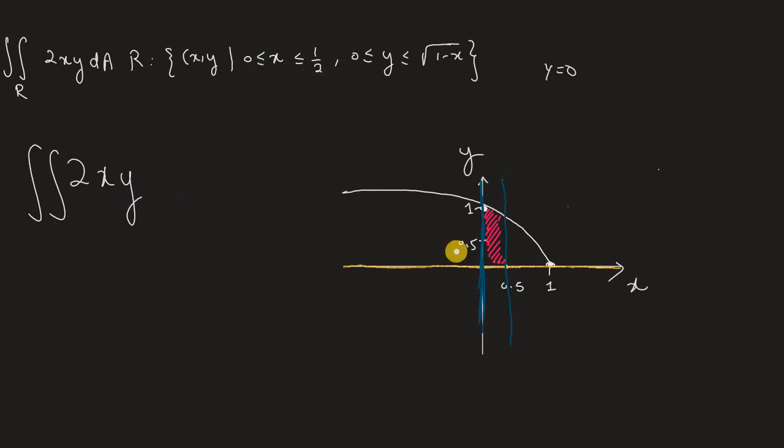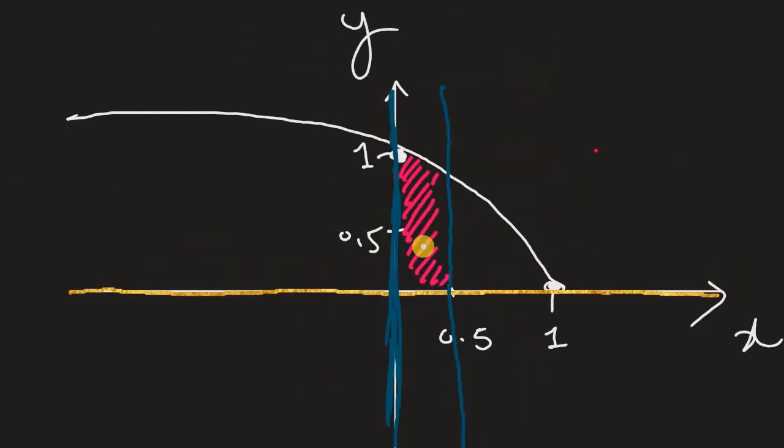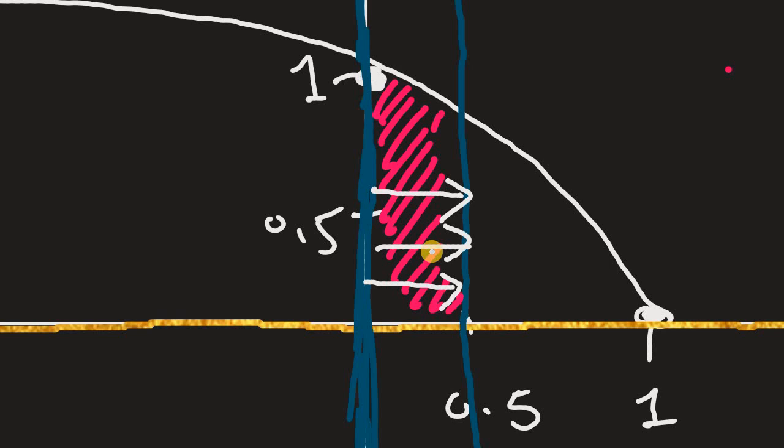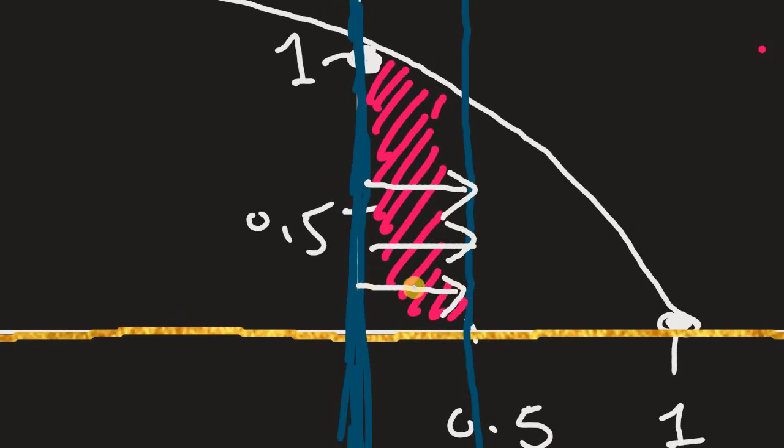So here, if we're choosing to go with respect to dx first, that means we're always going in this direction. If we're going in the dx first, that means we are differentiating in here. But if you notice carefully, you see these two arrows are between the same two lines here in this region.